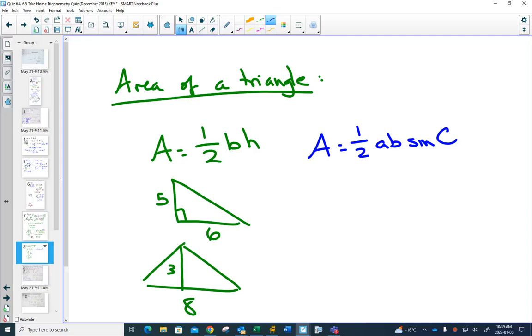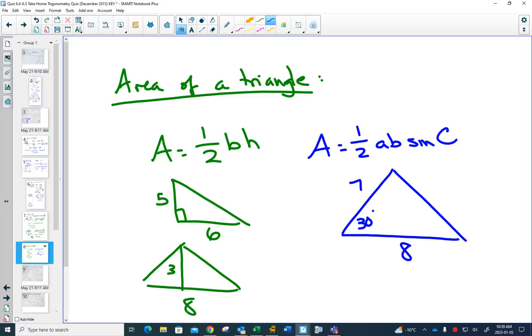So notice the letters again have this idea that angles go with opposite sides. This would be this situation, because the angle, the 30 degrees, is not connected to a side that we know.